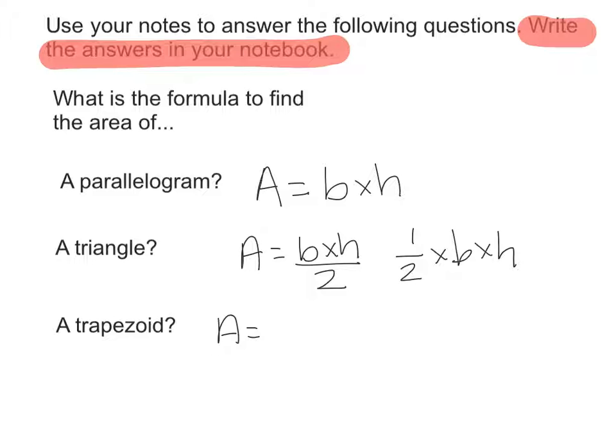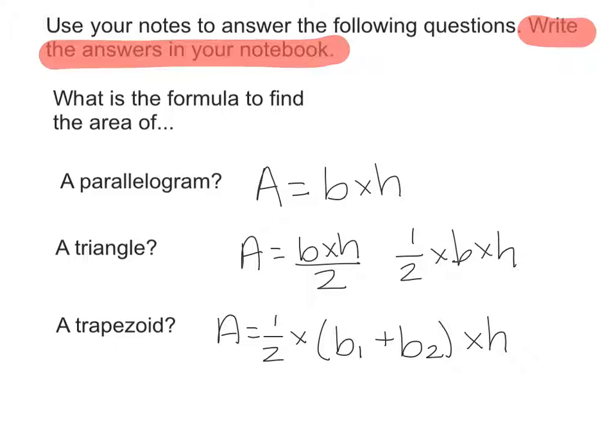That's really important. For the area of a trapezoid, again, we divide it in half, or times it by 1/2, and then we add our base 1 and our base 2 together first, and times it by our height. So you'll notice the common trend is we have our base and height in every single one of these formulas.